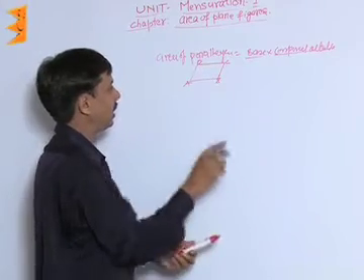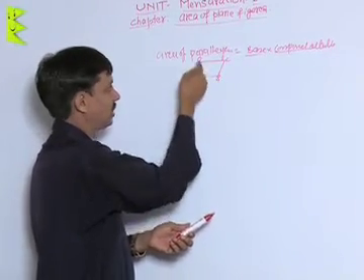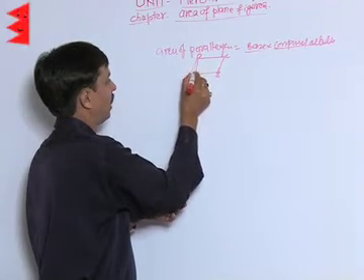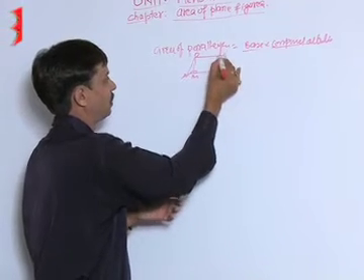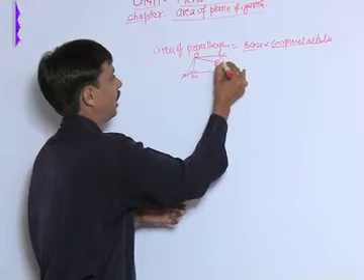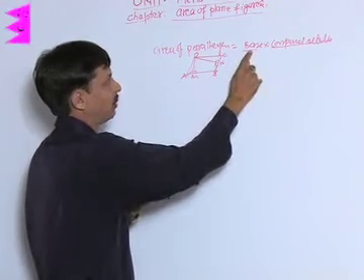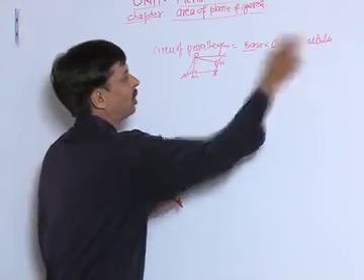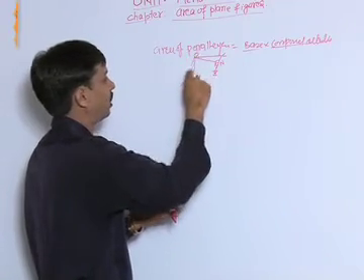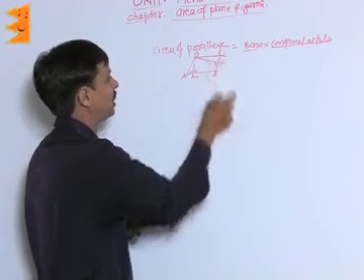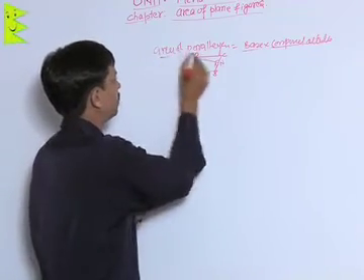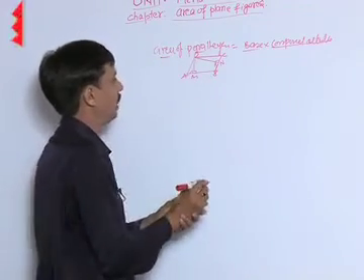For finding the area, if we take AB as the base, then the height will be DM. And if we take BC as the base, then the height will be DN, because base into corresponding altitude. If base is AB, altitude is DM. If base is BC, altitude is DN. So this must be clear, how we find the area of a parallelogram.